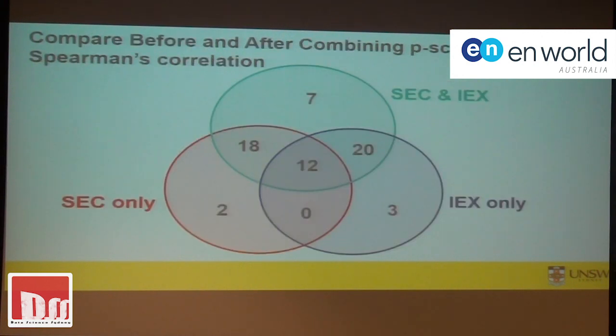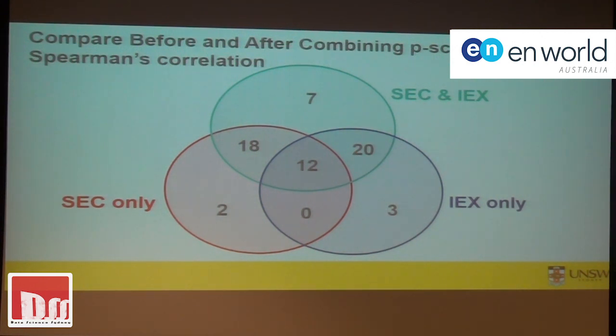And again, we draw a Venn diagram comparing before and after combining the p-scores. We find that if we combine SEC and IEX, we found 7 additional complexes, but there's a lot of overlap between before and after combining the scores.